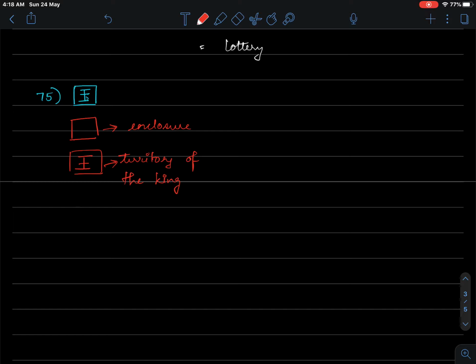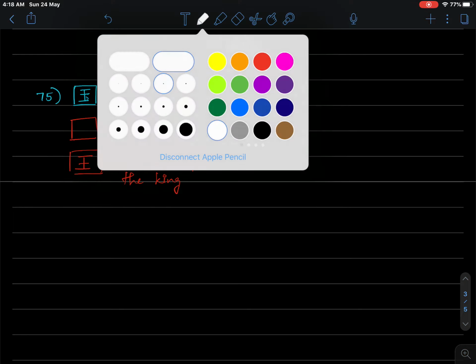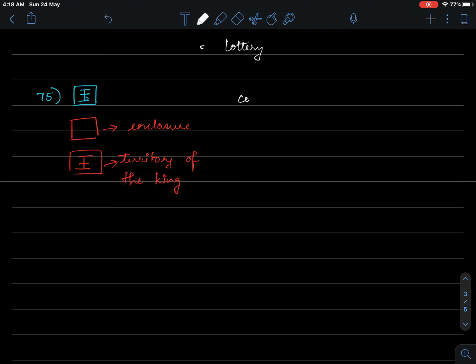Territory of the king. So what do you generally call the territory of a king? It's called a country. A country. Right? For those of us who thought kingdom, you're not far off, but there is another word that is used for kingdom, which we'll see today.